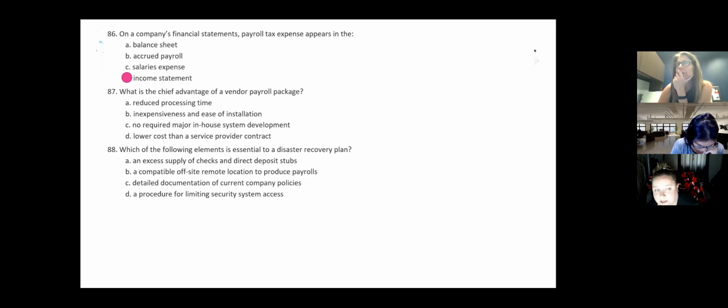What is the chief advantage of a vendor payroll package? Well, if you go with a vendor payroll package, you're not going to have to develop anything in-house.